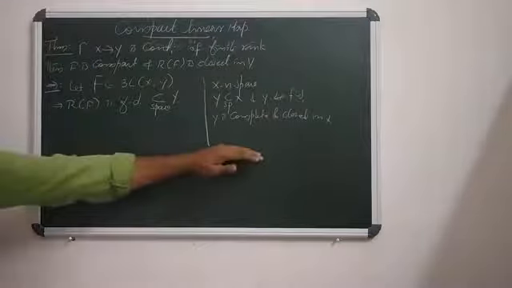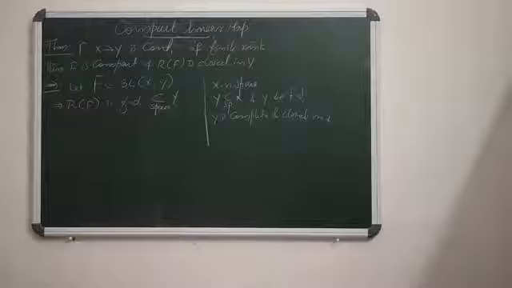When X is a normed space, Y is a subspace of X, and Y is finite dimensional, then Y is complete and closed in X.